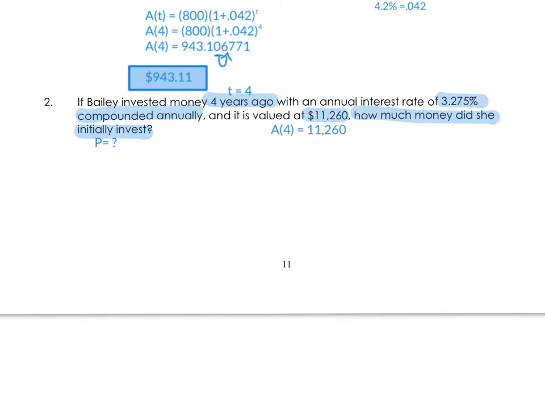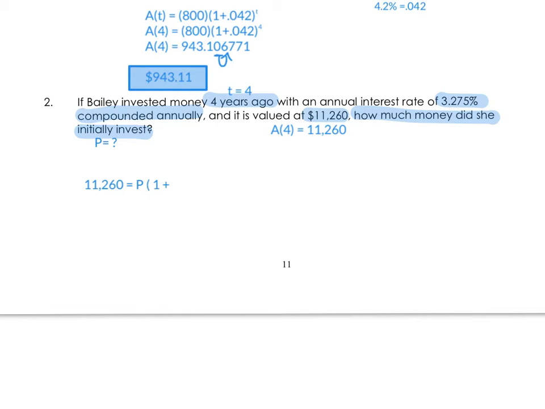So if I wrote this out, again using the formula up above, I subbed in the A of 4 as 11,260. P is my unknown, and then I need to do 1 plus the rate, but remember, the rate needs to be changed to a decimal so I can put it in the formula.